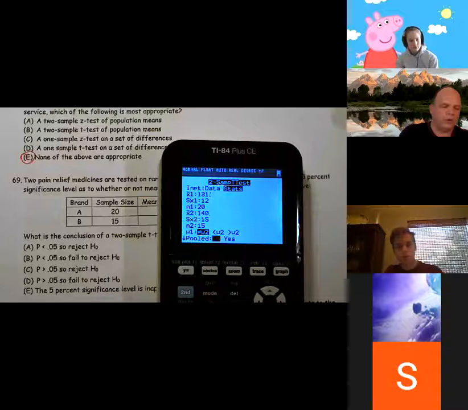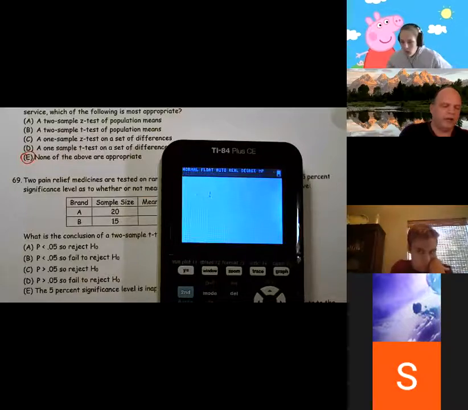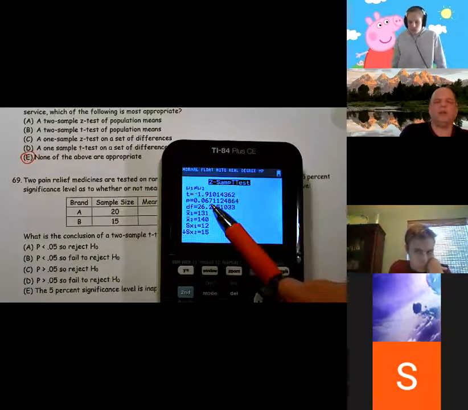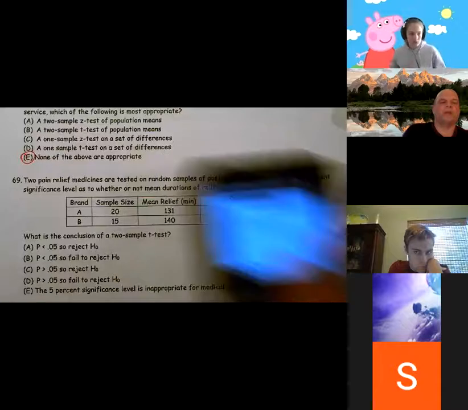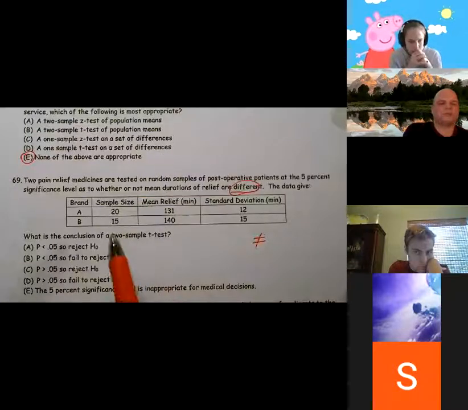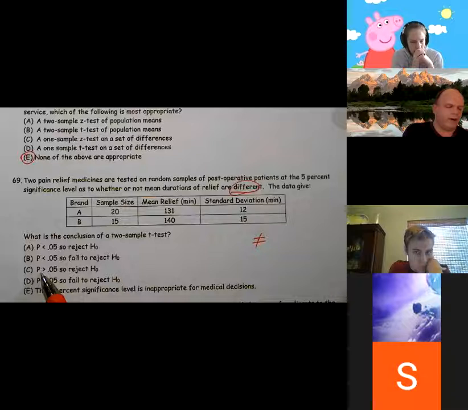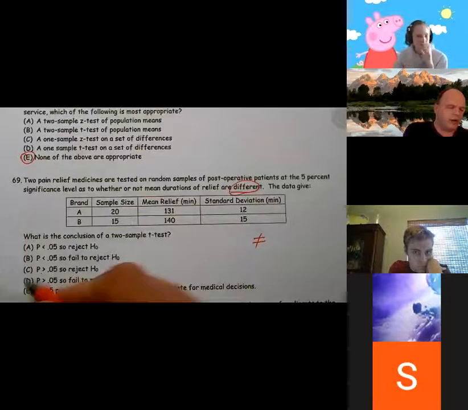We never pool for means. And I ended up getting a p-value of 0.067. So our p-value is greater than 0.05. So we're going to fail to reject the null.